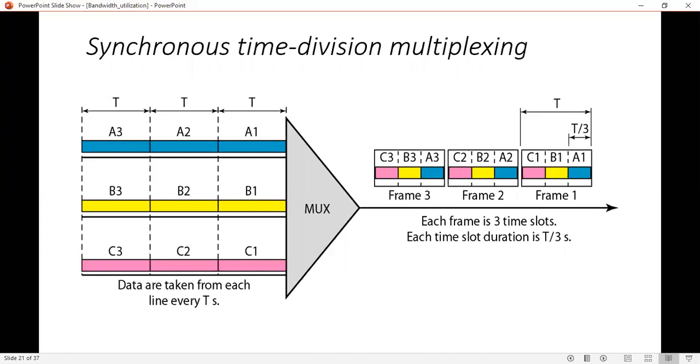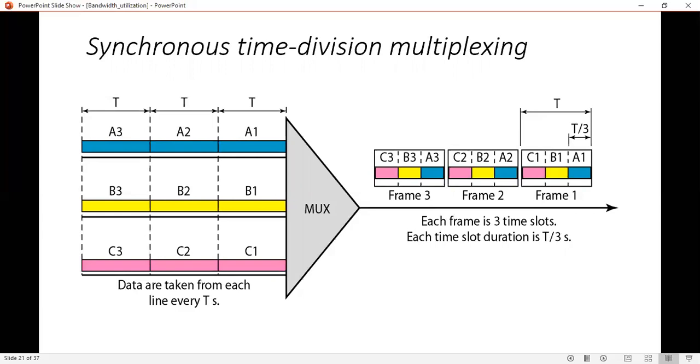See the diagram here, which shows synchronous time division multiplexing. You have 3 input lines, A, B, C, and the data units A1, B1, C1, A2, B2, C2, and so on, and each data unit occupies t time. That is, data are taken from each line every t seconds.